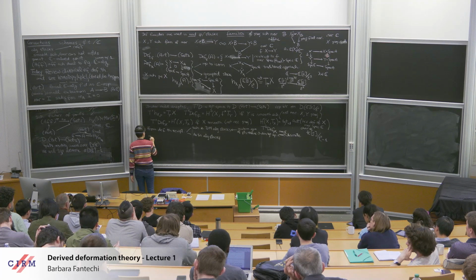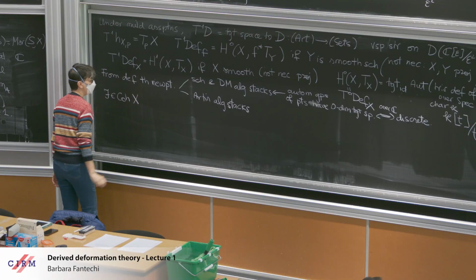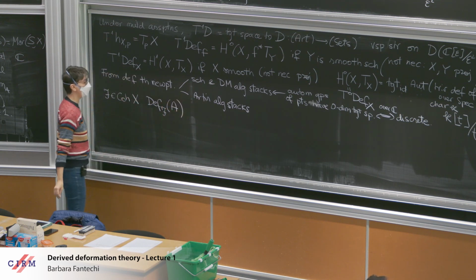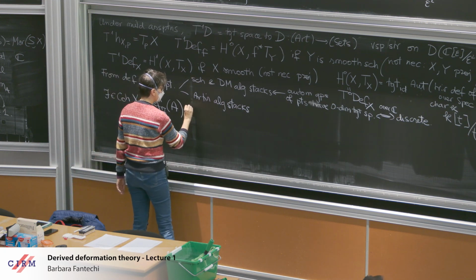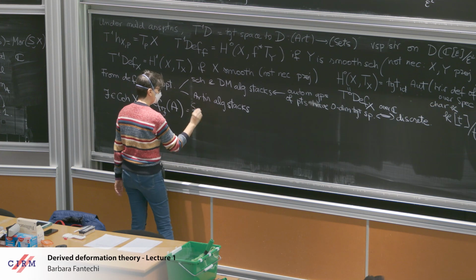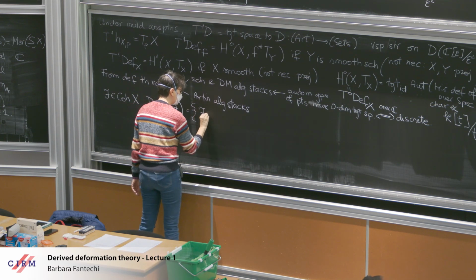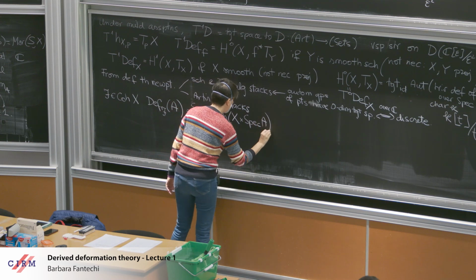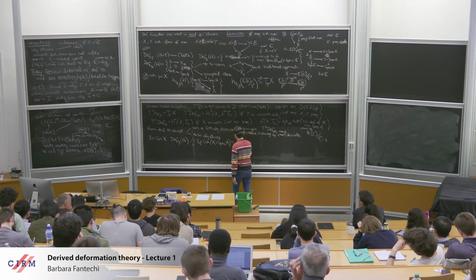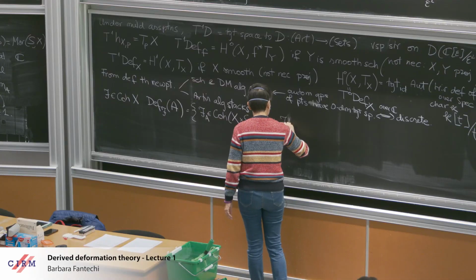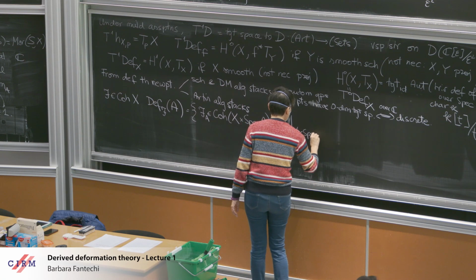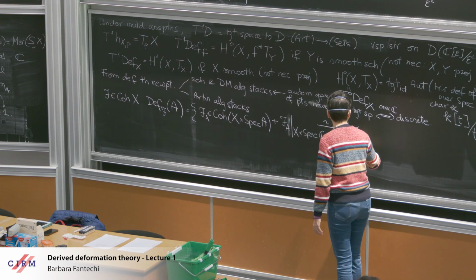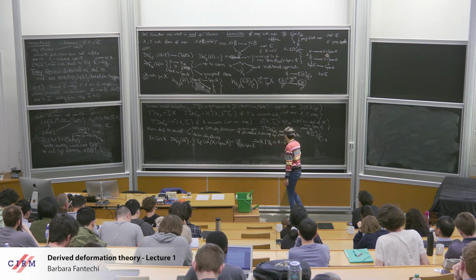If F is a coherent sheaf over X, then you can study the deformations of F over A, and this is again F_A with an isomorphism of F_A restricted to X times spec C with F, such that F_A is flat.